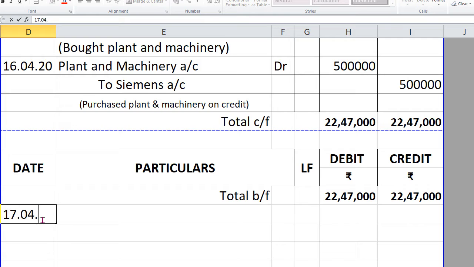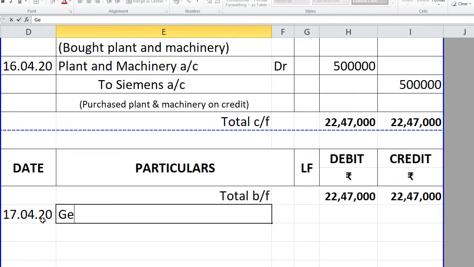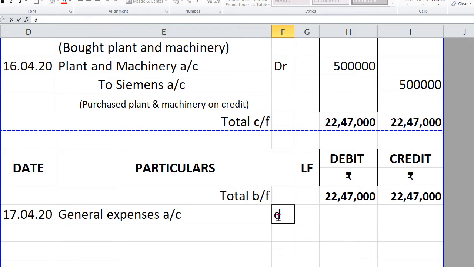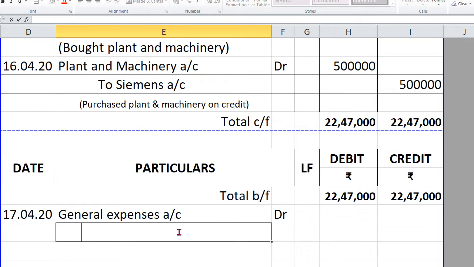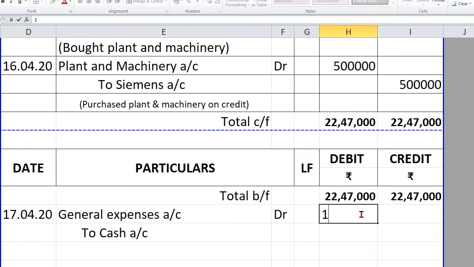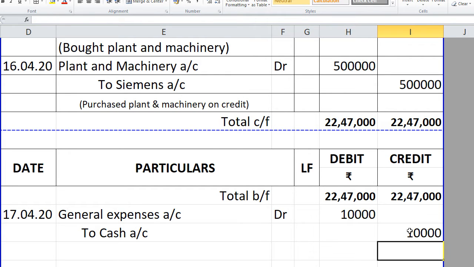17, 420, general expenses account, debtor, to cash account, 10,000 and 10,000.